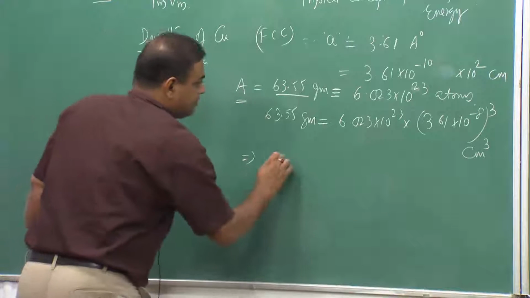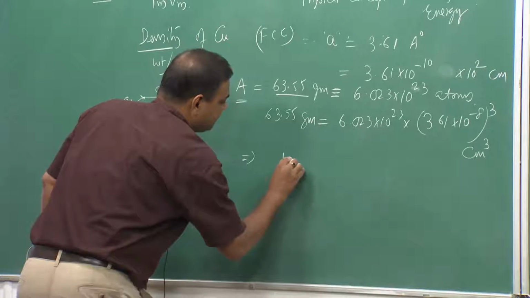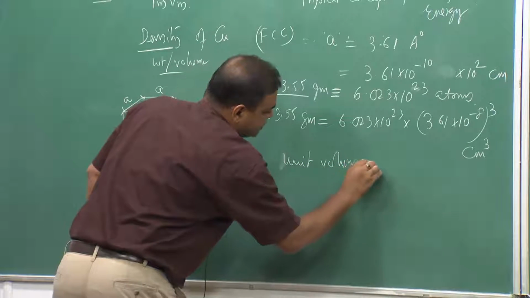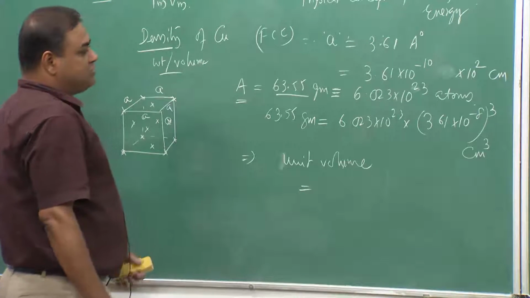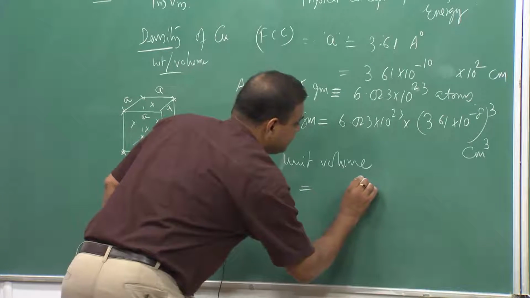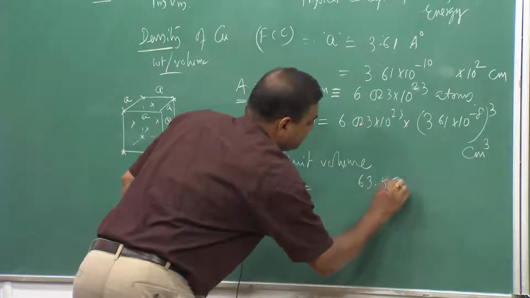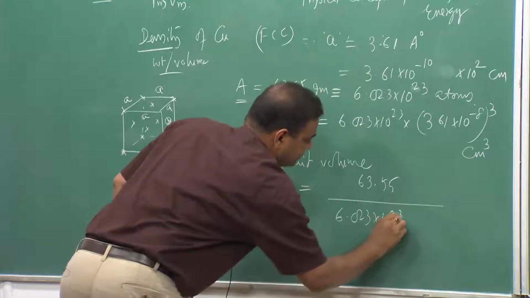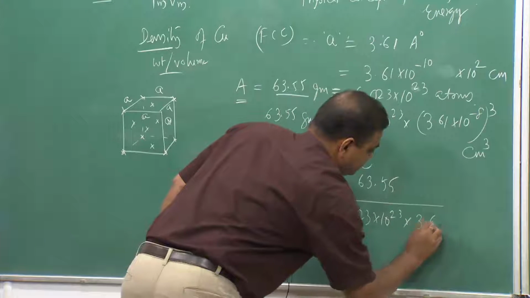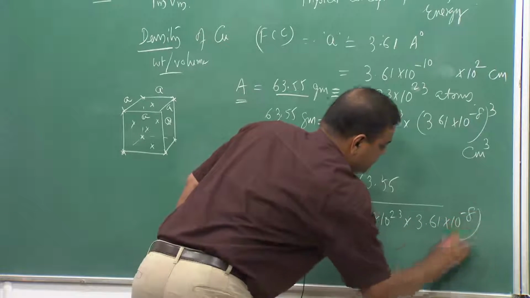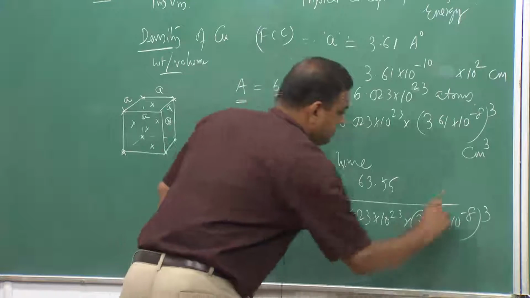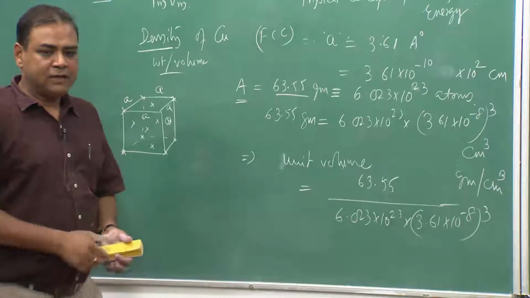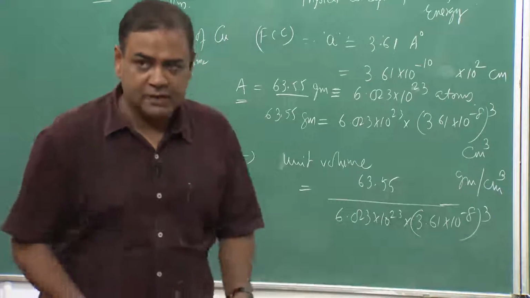Then per unit volume, the weight of the unit volume would be, if we calculate this, just wait, let me bring the calculator.